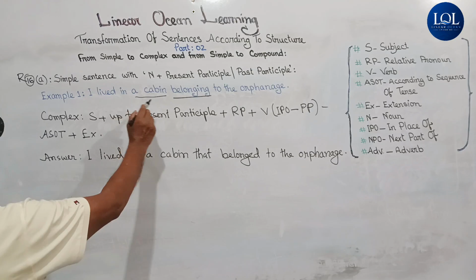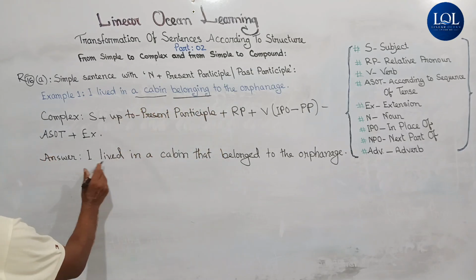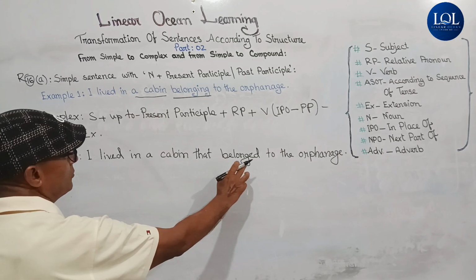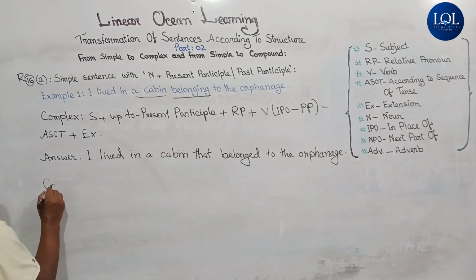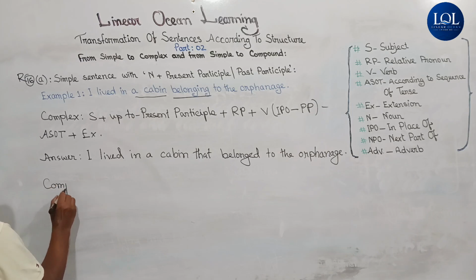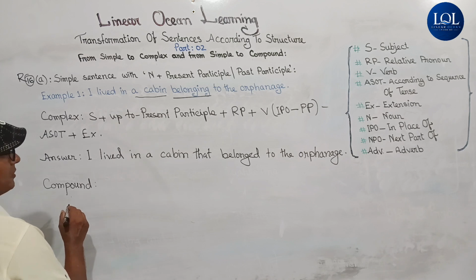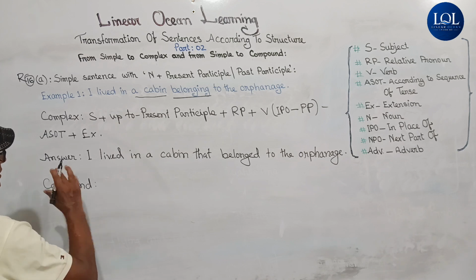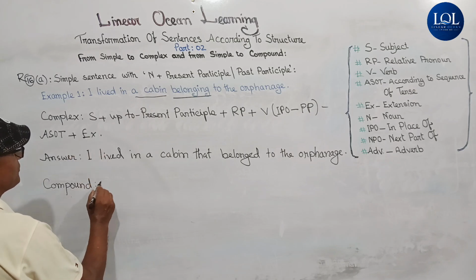Simple sentence: I lived in a cabin belonging to the orphanage, and its complex one is: I lived in a cabin that belonged to the orphanage. Compound. It can be put into two ways. I don't want to give the structure, but only the answers.